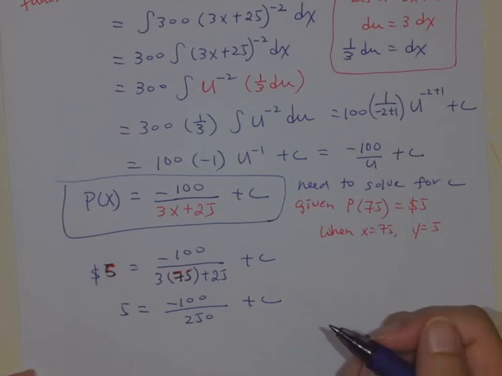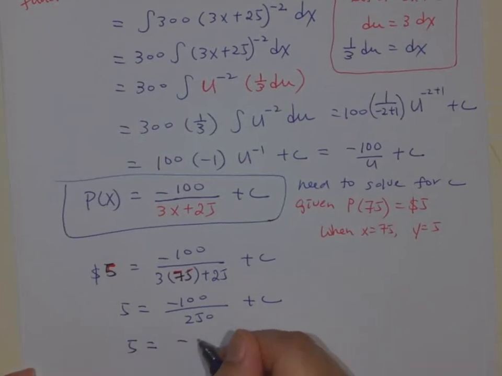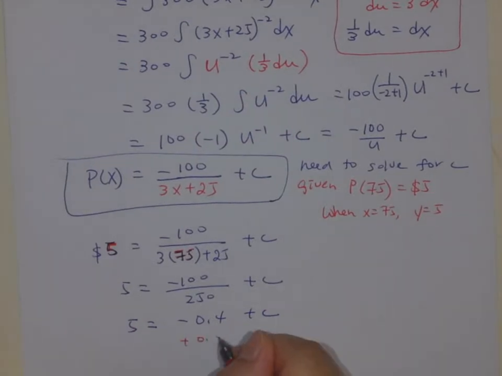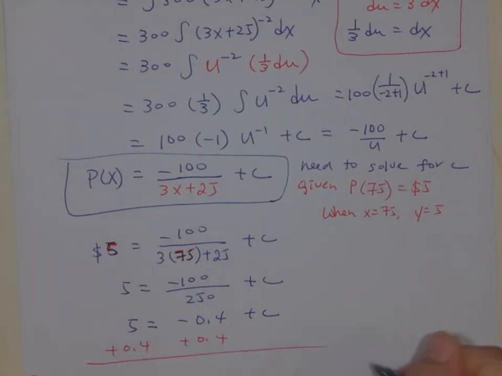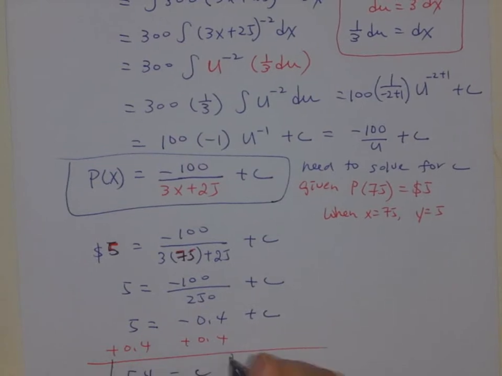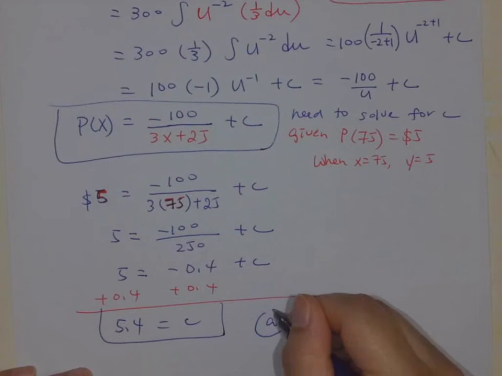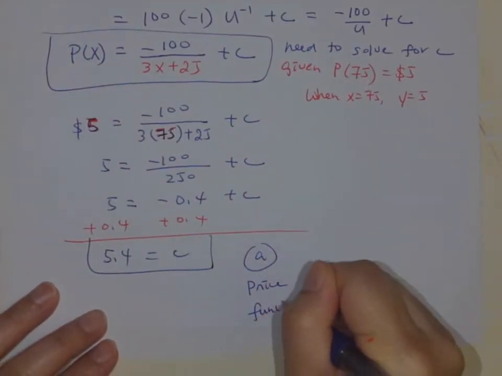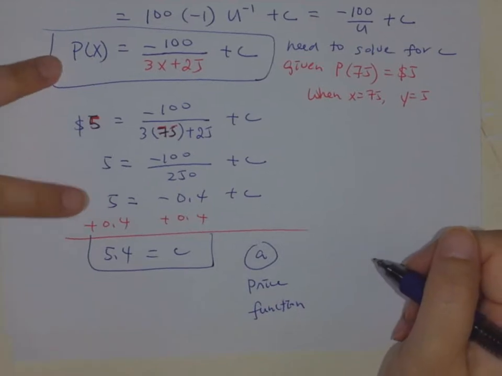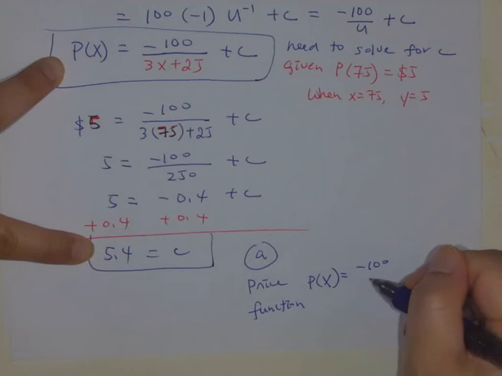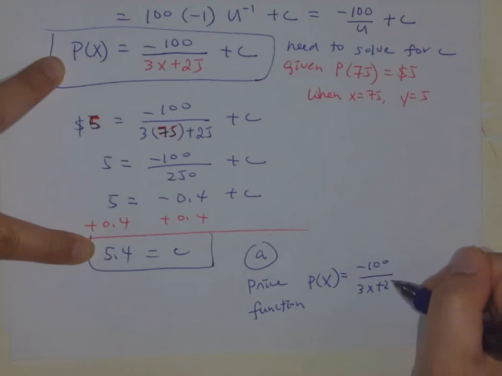Negative 100 divided by 250, basically this is a negative 0.4 plus the c. Add 0.4 both sides. So c equal to 5.4. So once we have that, we can answer the first part, which is the price function, right? We got our function, just need to put c in, right? So p of x equal to negative 100 over 3x plus 25, plus c, which is 5.4.